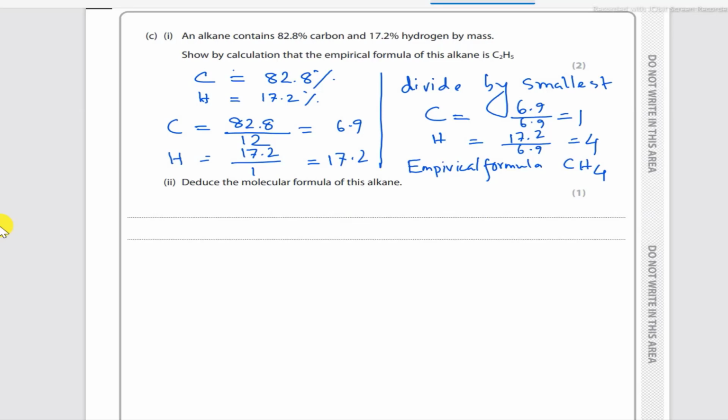Deduce the molecular formula of the alkene. So molecular formula will be C4H10.